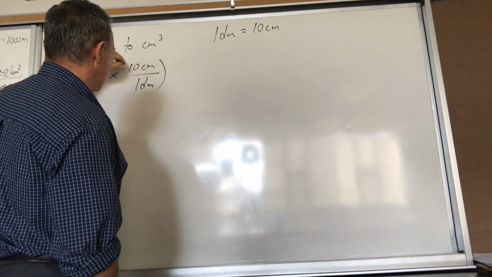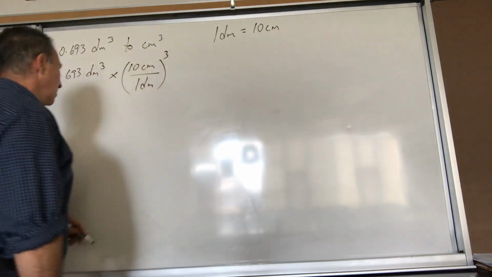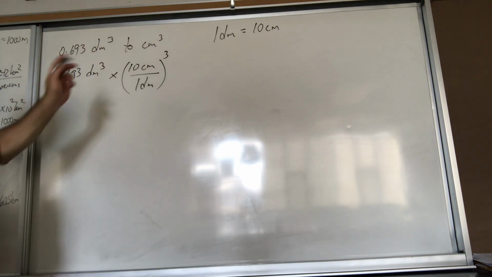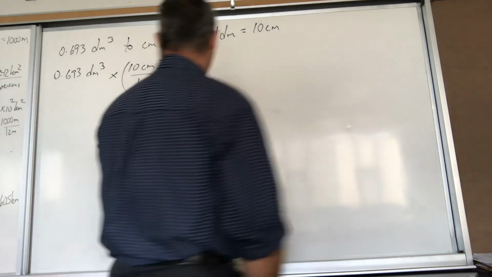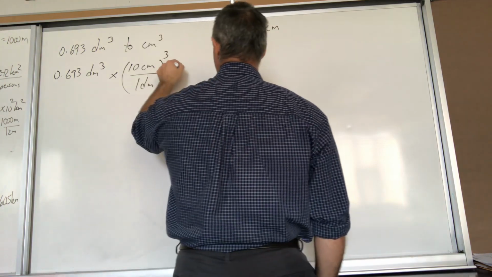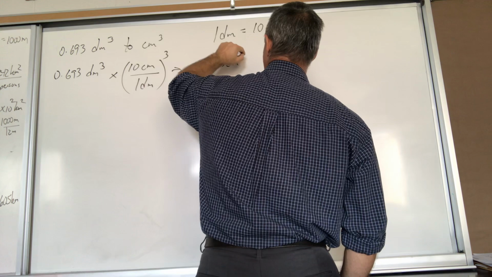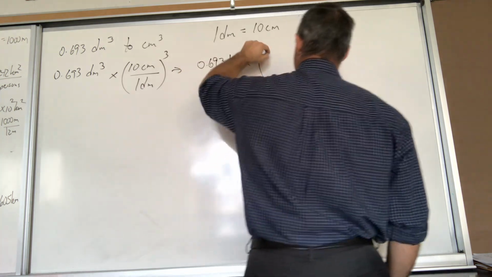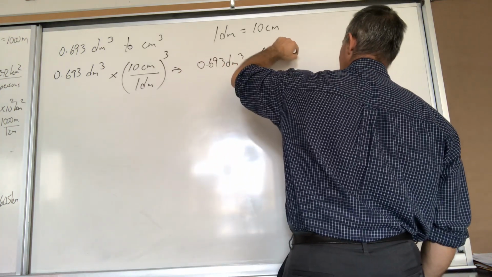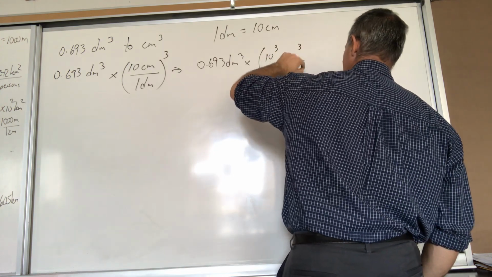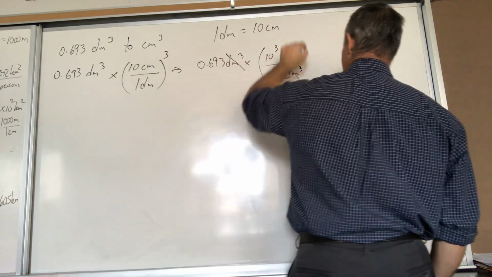But then we're going to raise it to the power of 3 because it's a volume conversion. See, decimeters cubed means the volume. Let's distribute that power of 3. What we'll get is 0.693 decimeters cubed times, open bracket, 10 to the power of 3 centimeters cubed over 1 to the power of 3 decimeters cubed. That allows you to cancel decimeters cubed.